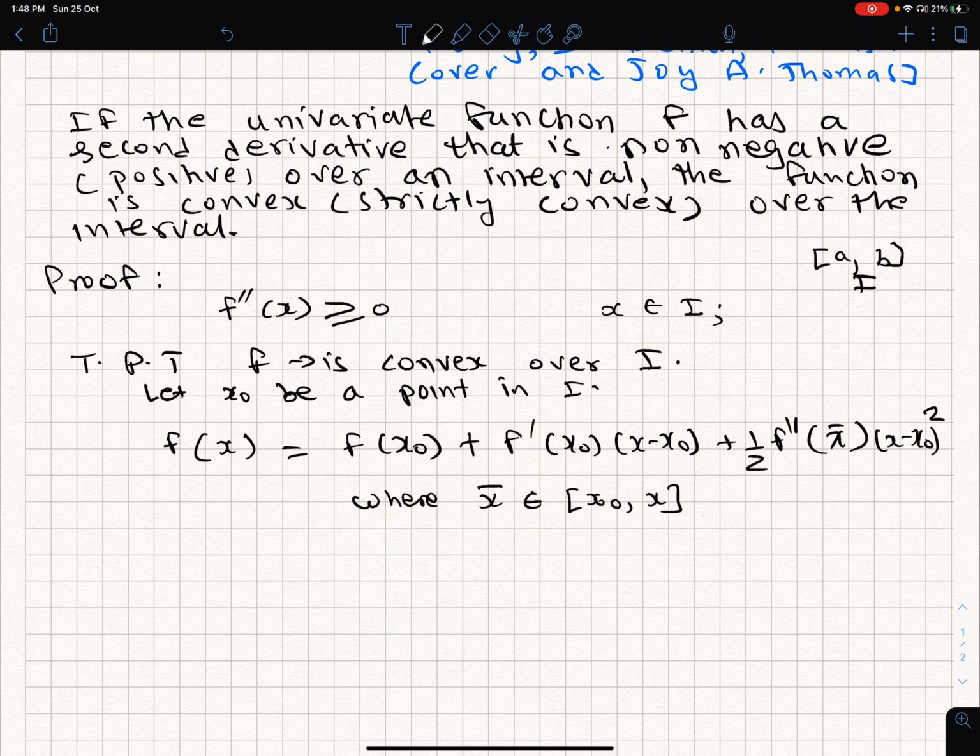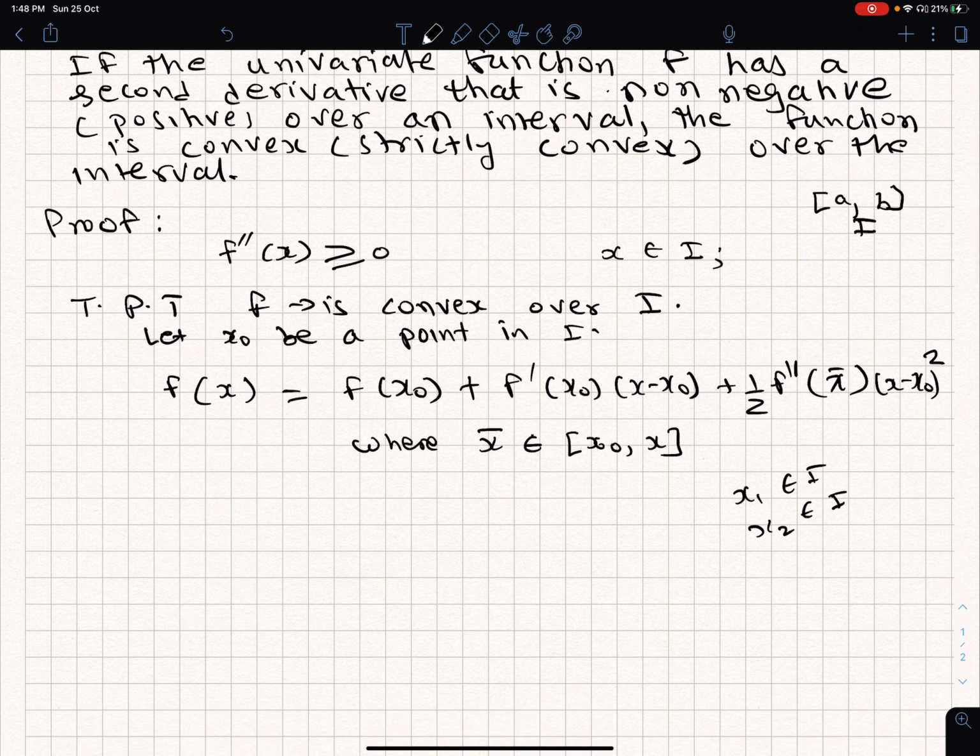So now I will take one point x1 in the interval. I will take another point x2 in the interval, and I want to prove that. What do I want to prove?